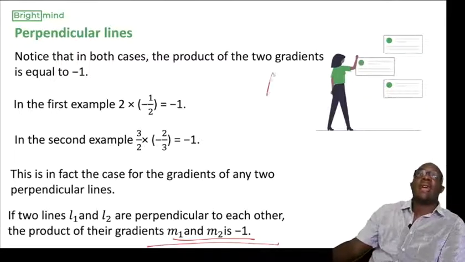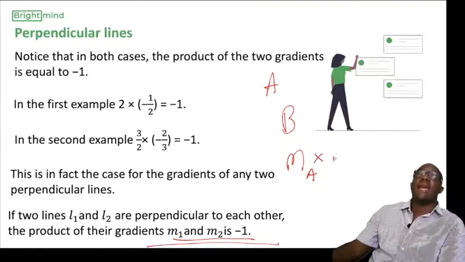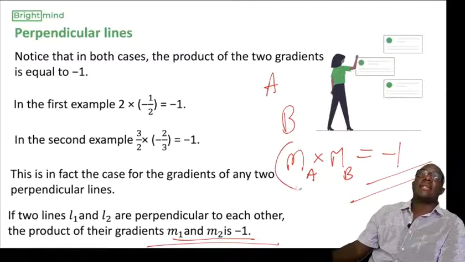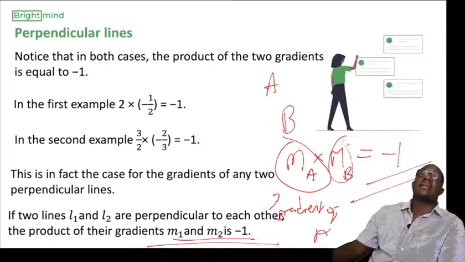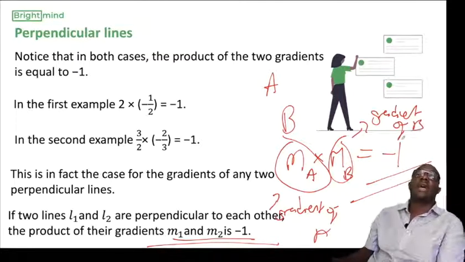So if you have line A and line B and they are perpendicular, basically what we're saying is MA times MB must equal -1, right? Where MA is the gradient of A and MB is the gradient of B. Okay?